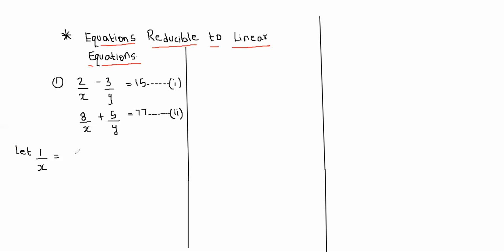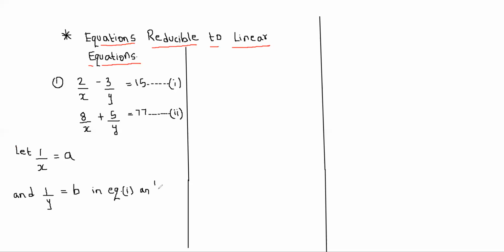Any alphabet we can use except the same ones, that is x and y. We cannot use the same variable, it is already there in our sum. So here I am taking let 1 upon x equal to a and 1 upon y equal to b in equations 1 and 2.